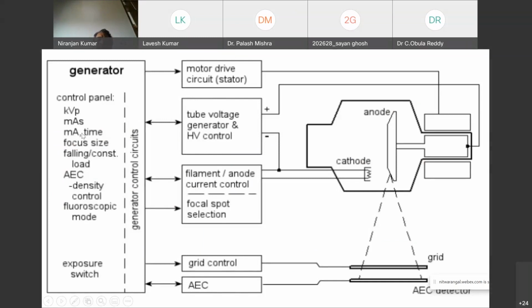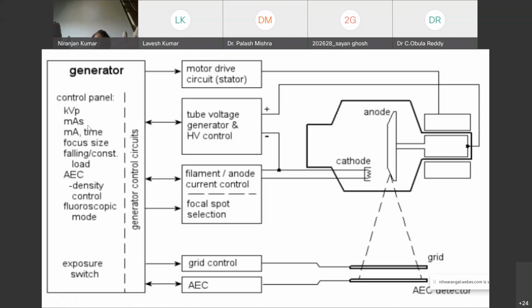Then there are many other things. If you are aware, or otherwise in one minute I can tell you. kVp is the peak value of the high voltage. mA is milliampere: the electron movement from cathode to anode is also a current, typically in milliamperes, which is why it is called mA.